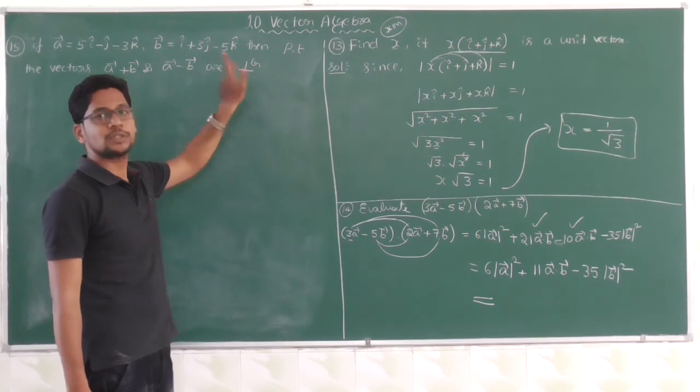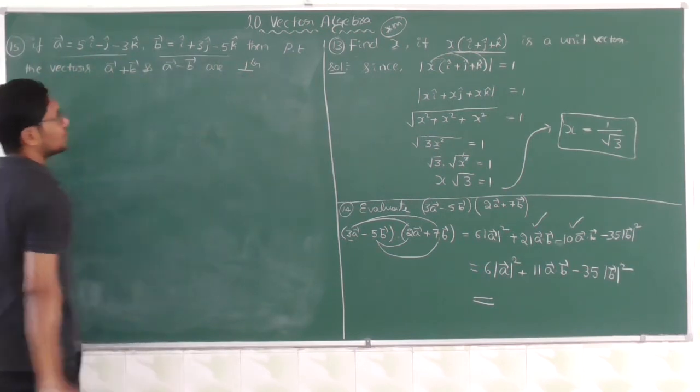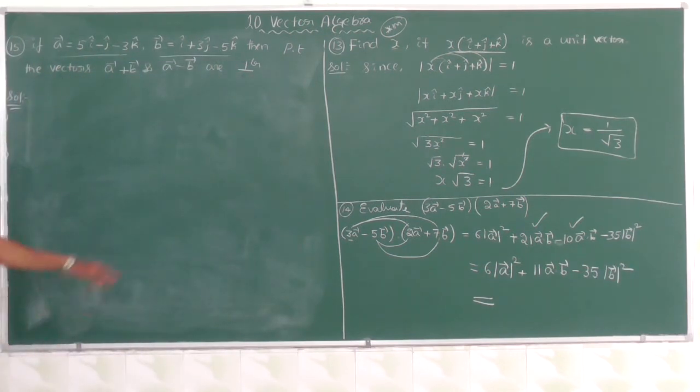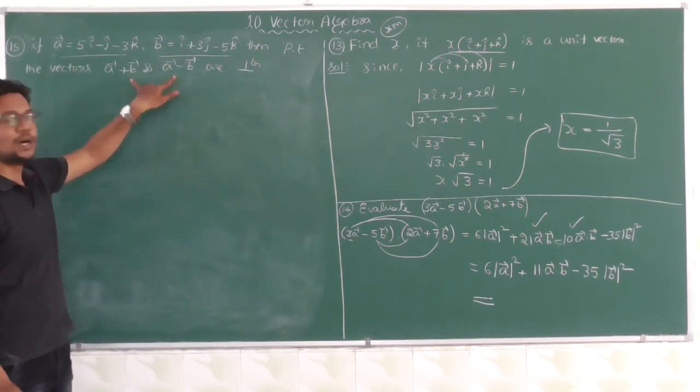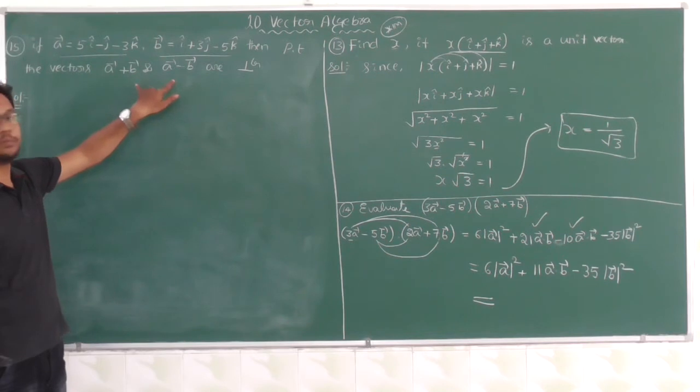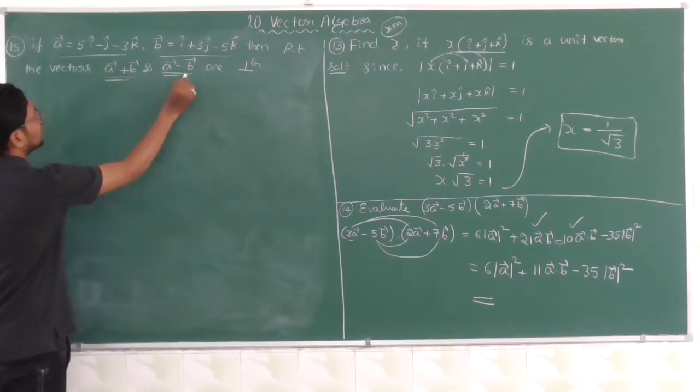Here we have a vector and b vector given. We have to prove that a plus b and a minus b are perpendicular.